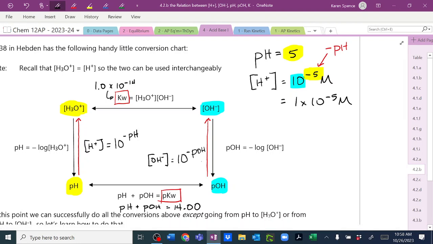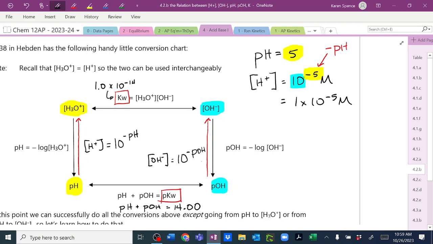Now, how can you remember that? You can be like, okay, I know that pH is the negative log. So the first thing I do is I take the log and then I change the sign. So I need to go backwards. So going from hydrogen to pH, take the log and change the sign. Going backwards, we're going to change the sign, then take the opposite of the log, the anti-log. When you do 10 to the whatever, that's called the anti-log.